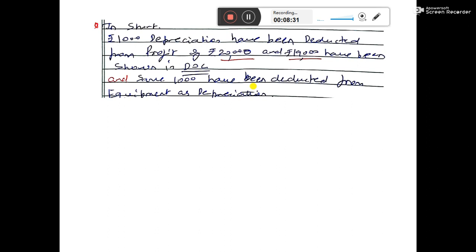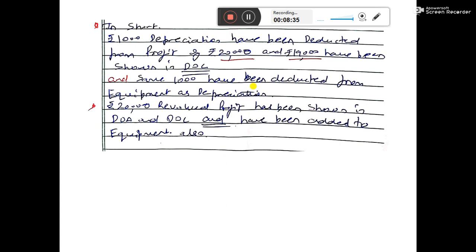and also the same 1,000 has to be deducted from equipment as depreciation, because depreciation of 1,000 was deducted less, that has to be deducted from equipment, and plus 20,000 revaluation profit has to be shown at the date of acquisition and date of consolidation, and the same 20,000 has to be shown in equipment, added to the equipment.